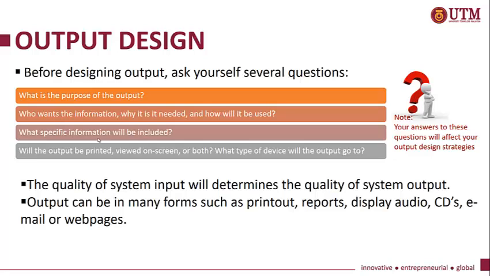Before we start designing any output, there are a few questions we need to ask. What is the purpose of the output? What are you trying to get? Then you look into who wants the information, why it is needed, and how it will be used. Then what specific information will be included, what kind of information you want to show.